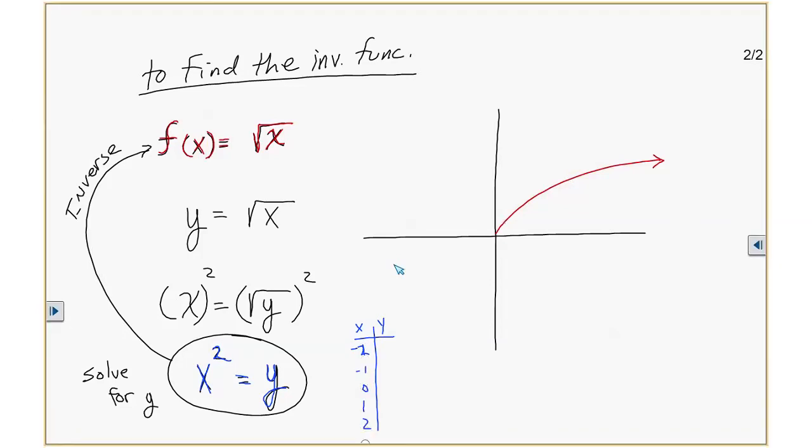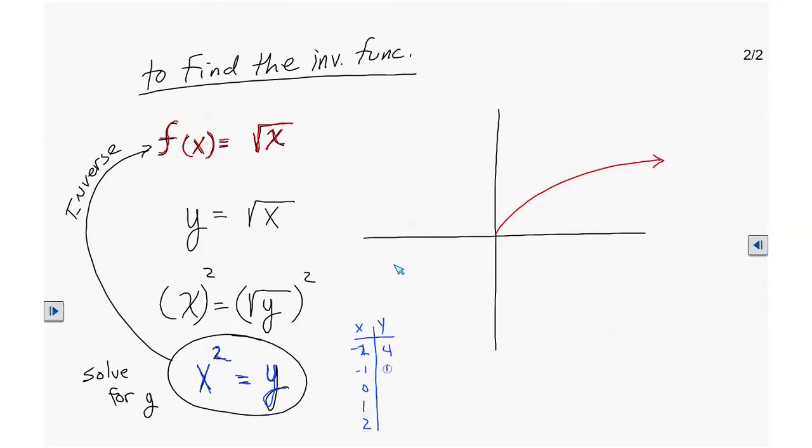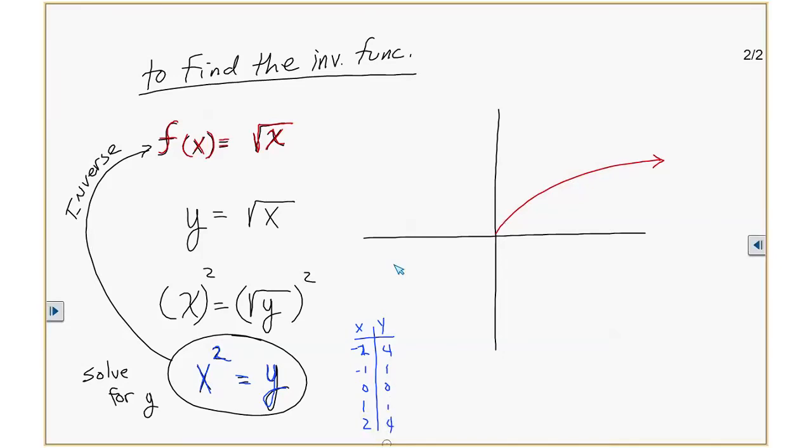What's -2 squared? 4. What's -1 squared? 1, 0, 1, 4. And you get your parabola. So the inverse of the red is the blue, and if you could take the square root of the negative, what would it look like?